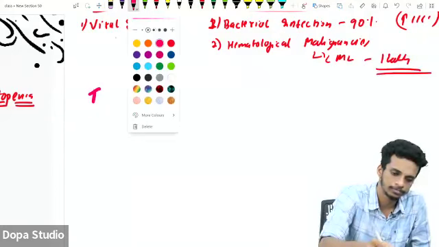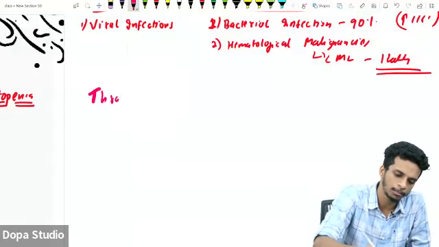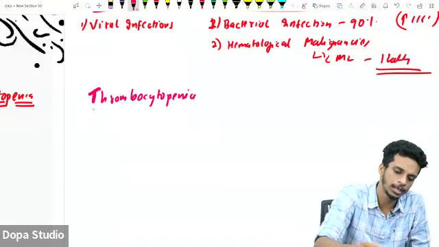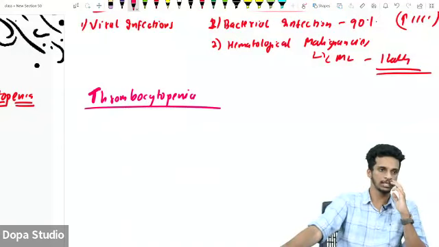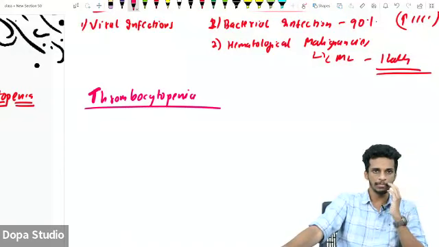Now, let's come to the third point, that is thrombocytopenia. As the name suggests, it is a decrease in platelet count.